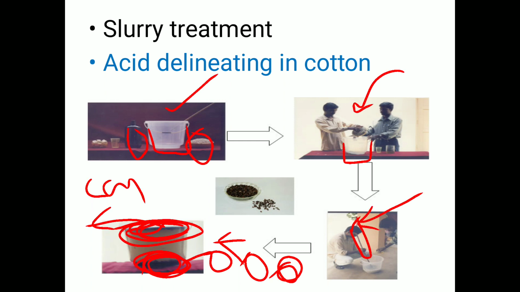And third, wash the cotton seeds 2 to 3 times to remove the traces of H2SO4 solution. If you take such precautions, the treatment is possible.